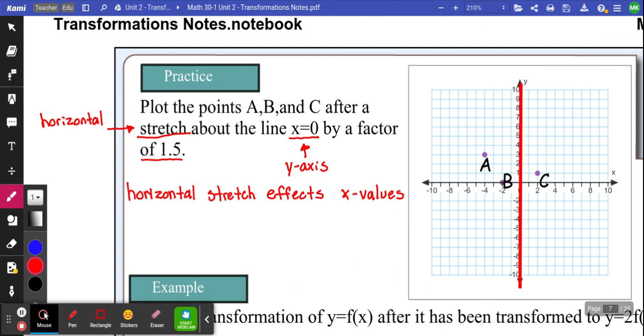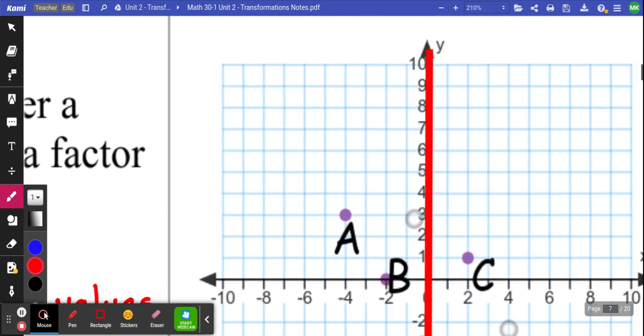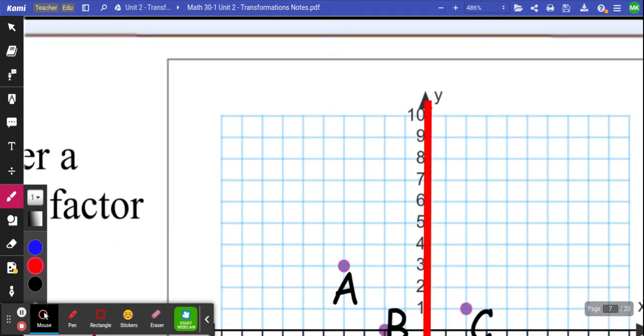Oh, okay, that's a good question. Why am I talking about the y-axis when I'm talking about x equals 0? The y-axis is all of the points in which your x value is 0. So if you went to any point on here, this would be (0, 6). X would be 0. You go here, this would be (0, 10). X would be 0.